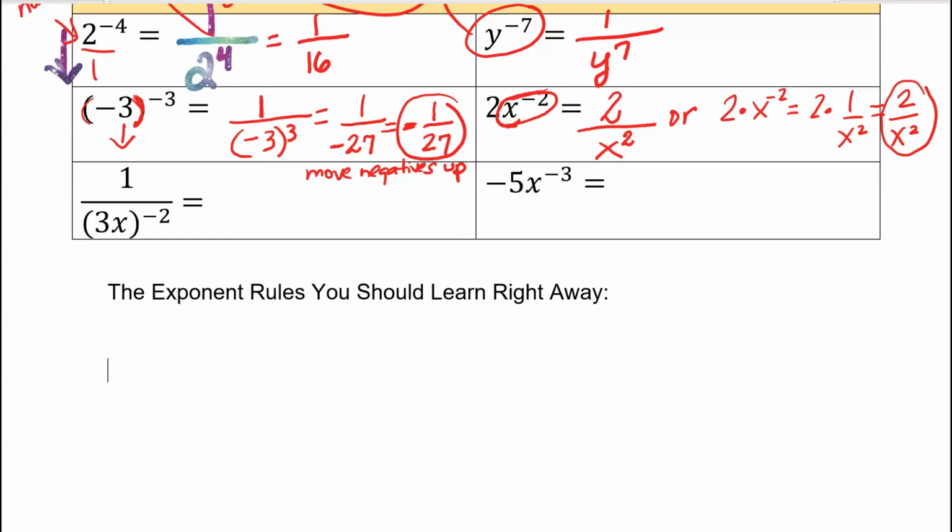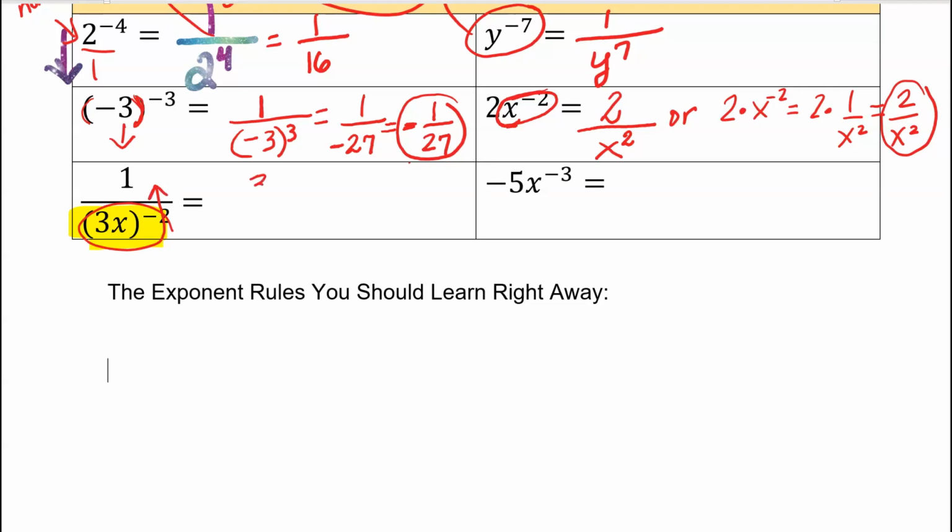Next, let's look at 1 over 3x to the negative 2. Notice that 3 and x are both to the negative 2 power. Since this is originally, which is interesting, in the denominator, in order to make this a positive exponent, we're going to move it to the numerator, right?